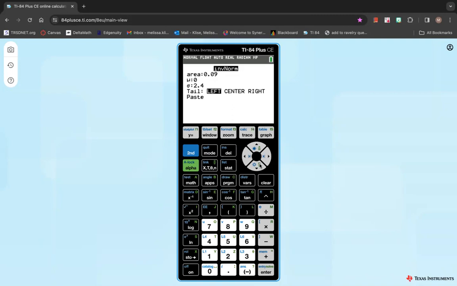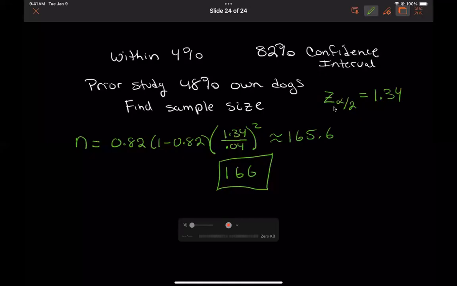Then 0 and 1. And then I just need to know that it's positive. So I got 1.3407, yada, yada. I hardly ever do the subtracting it from 100. I usually just get the negative. All right, so that was my z sub alpha divided by 2.